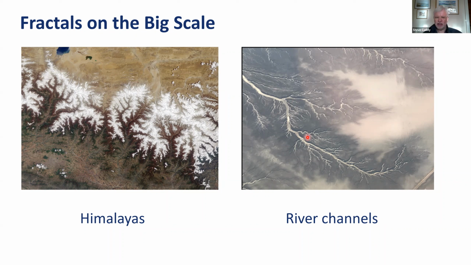Similarly with river channels. I took this photograph when I flew from Qatar to Iraq a couple of years ago to give this presentation. And as I flew over the delta there, I could see these river channels. And the river channels are the same however close you get to them. So we see them on the big scale.